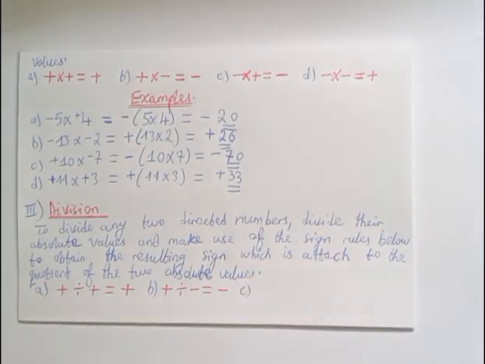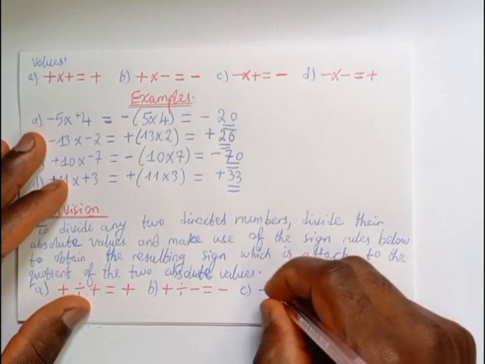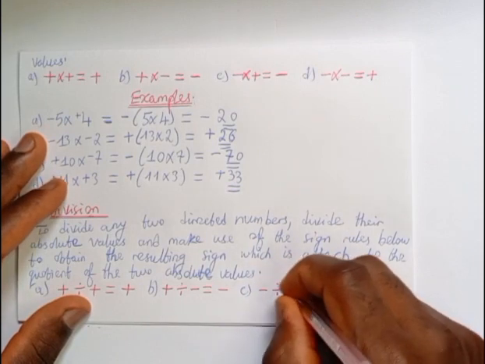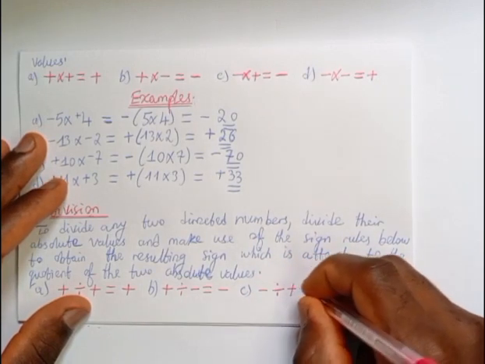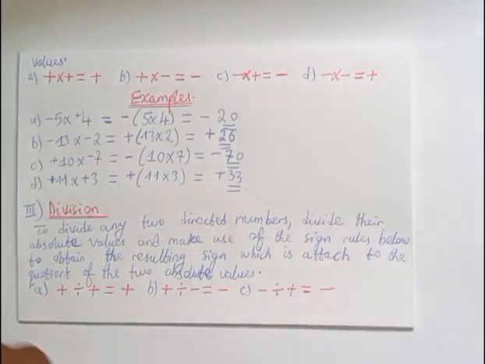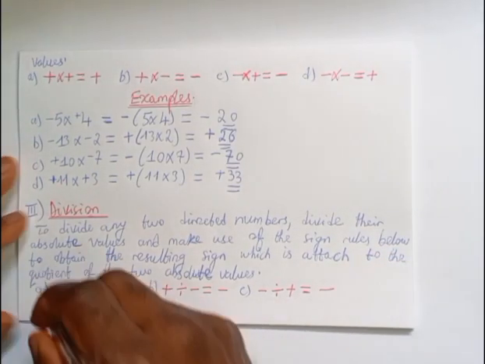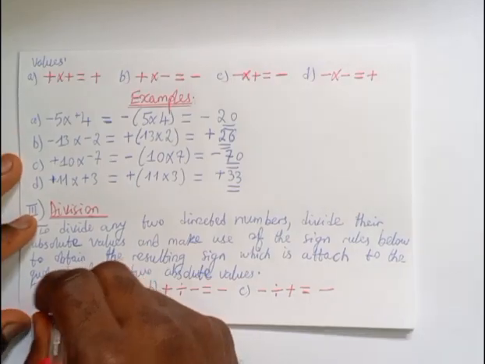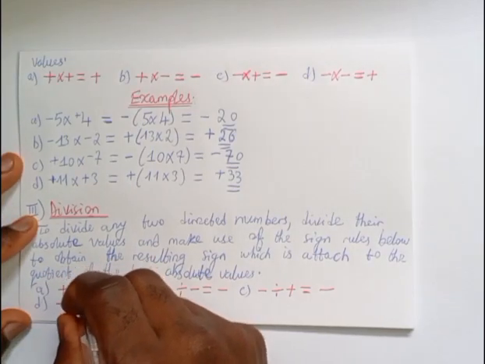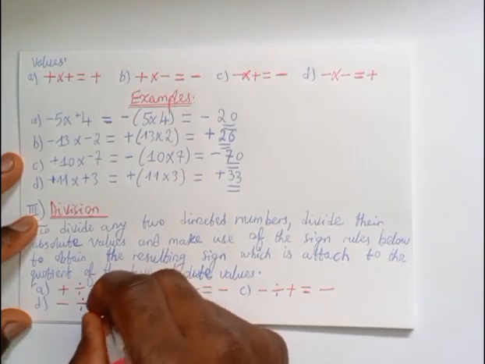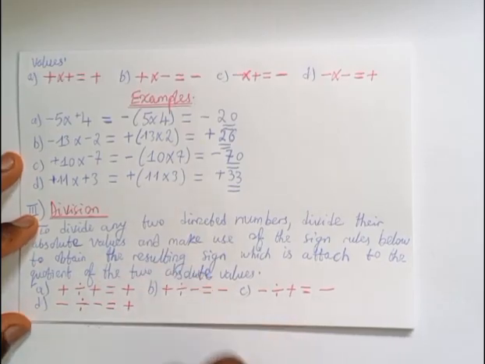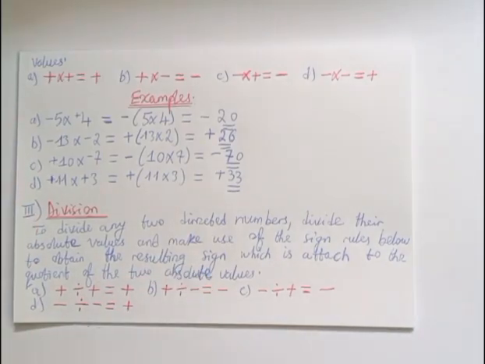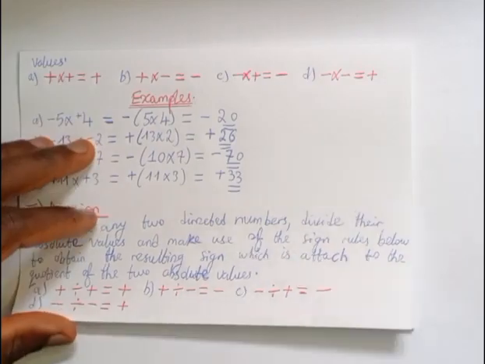C, dividing a negative number by a positive number, the result is negative. And lastly, for D, dividing a negative number by a negative number, the result is positive. Now let's look at some examples on this. Take down examples.